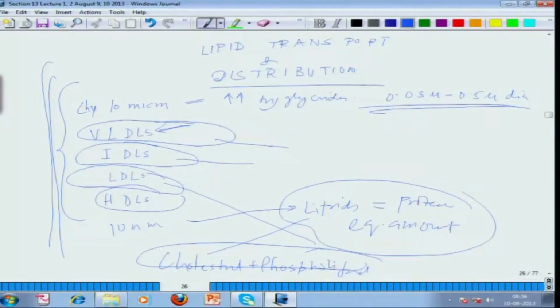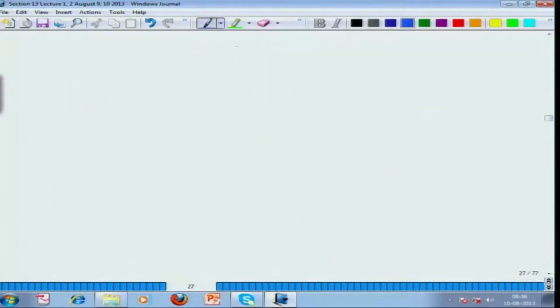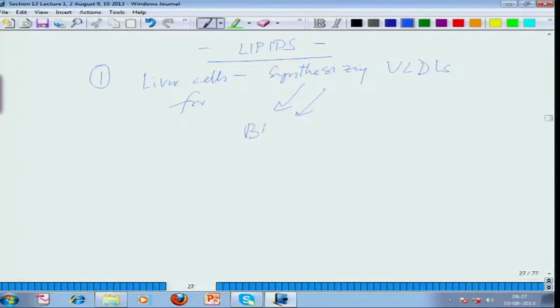The liver controls the distribution of the other lipoproteins. Basically, liver cells synthesize very low density lipoproteins and discharge them into the blood vessels.